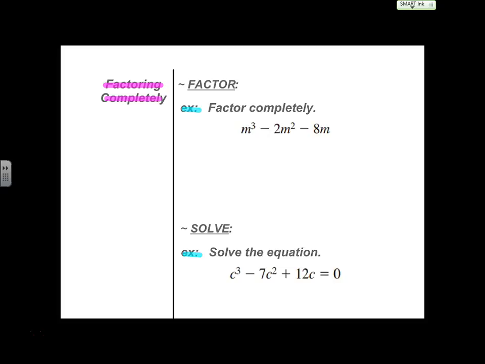Factoring. I'm just going to give a couple hints. Factoring: use parentheses.